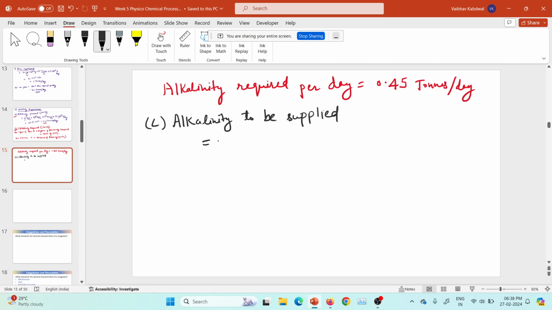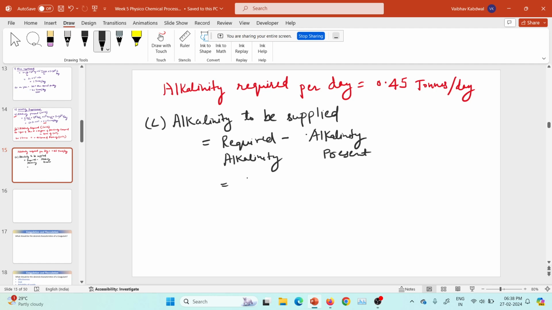Supplied will be required minus required alkalinity minus alkalinity present.